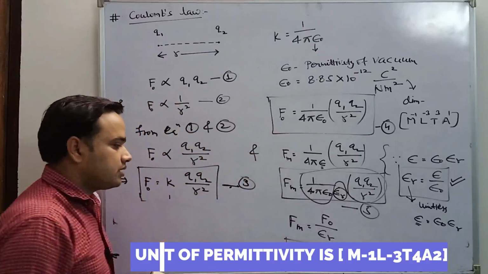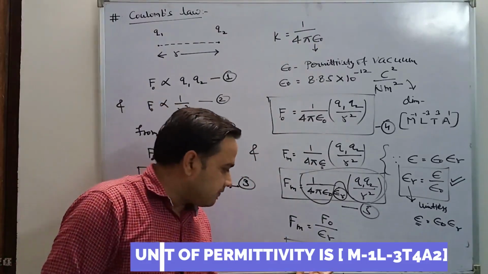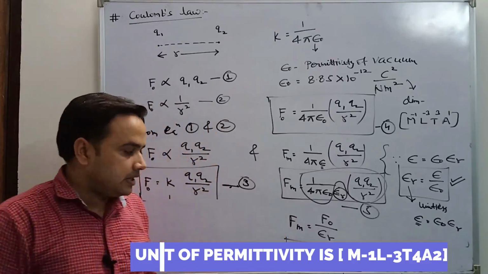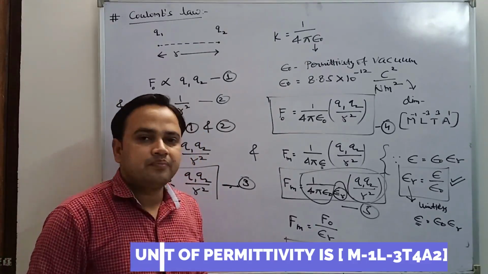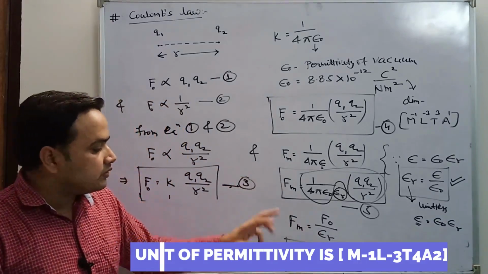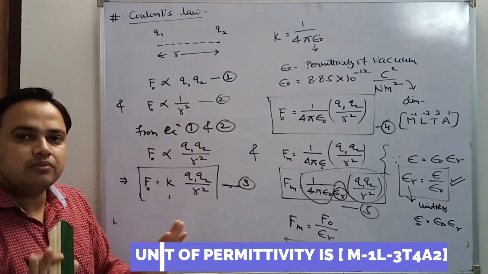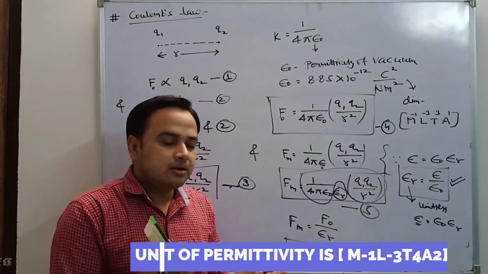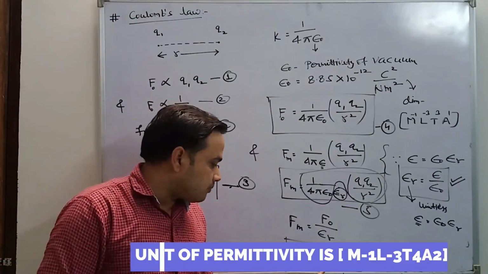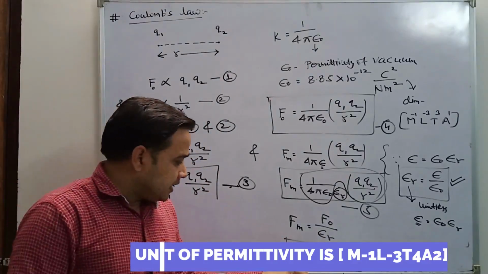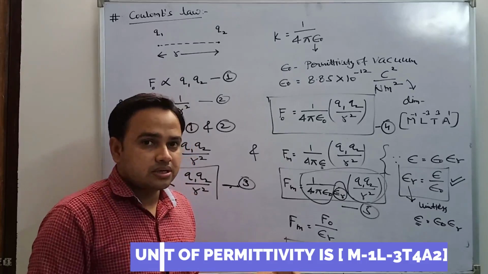So this is a second definition of relative permittivity, f naught upon Fm. F naught means the force between two charges when there is no medium, or vacuum. Fm is the force between two charges when there is some medium. So F naught upon Fm is known as epsilon r. It is also known as dielectric constant.